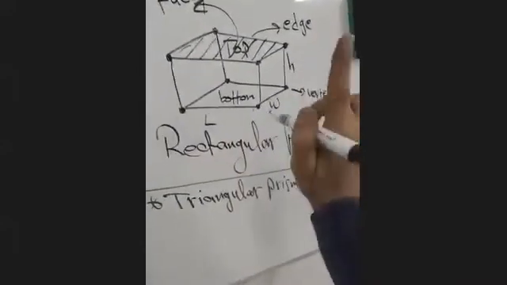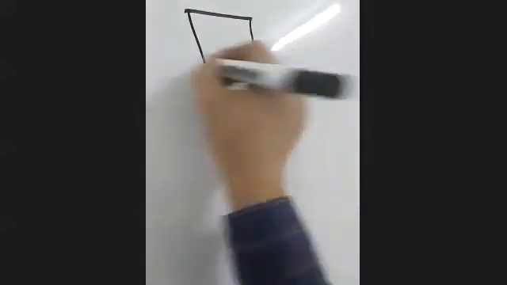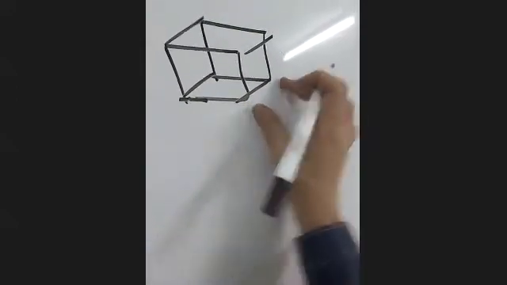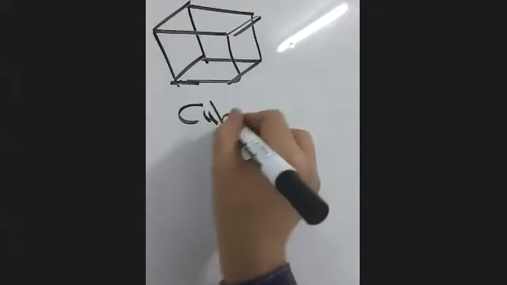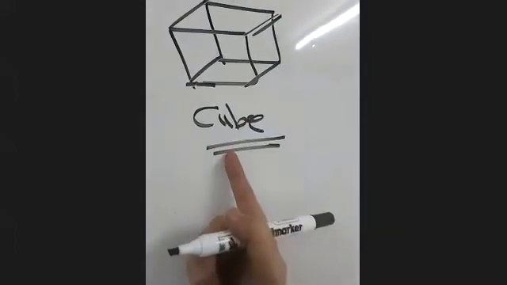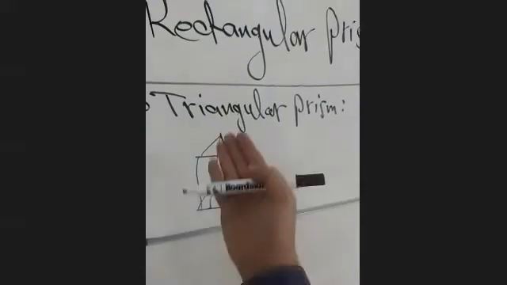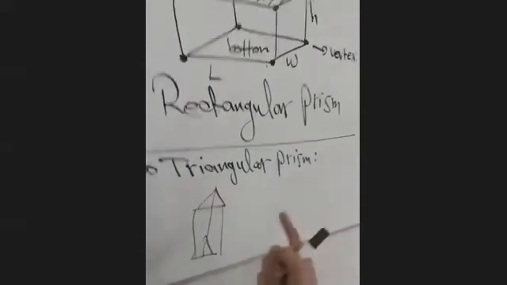But if the length is equal to the width, equal to the height, all the sides equal, we call it a cube. And here the triangular prism has 2 triangles up and down with 3 rectangles between them. So we have rectangular prism, triangular prism, and cube.